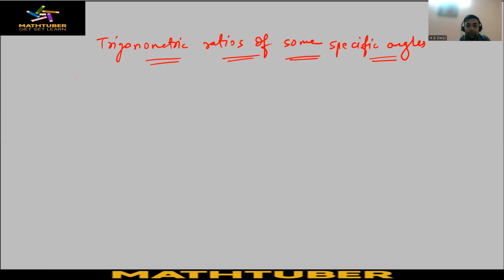So we have a few specific angles for which we have the values. These are 0 degree, 30 degree, 45 degree, 60 degree, and 90 degree. For these, we can easily find the values of trigonometric ratios.